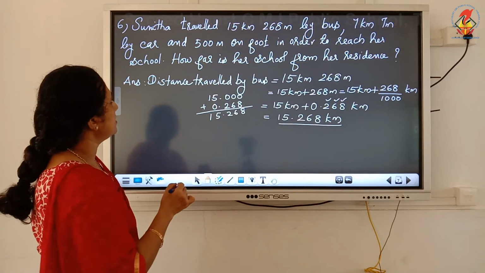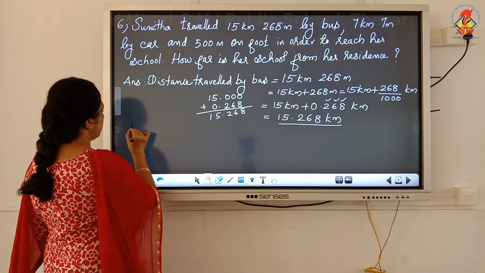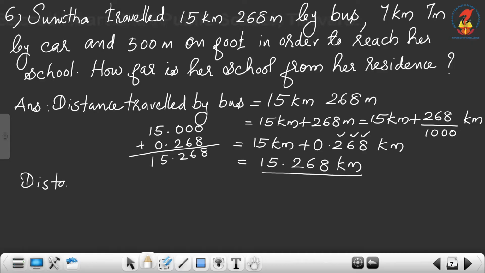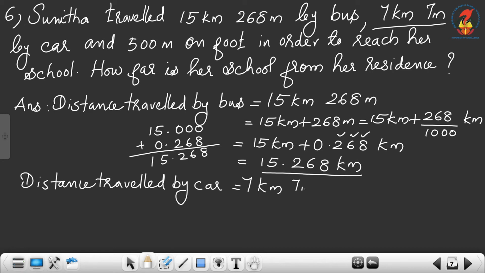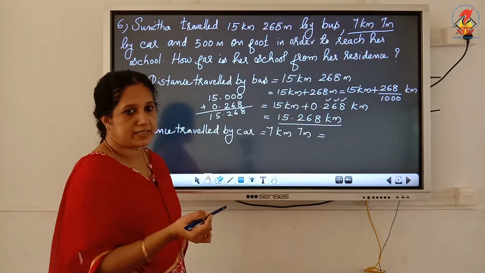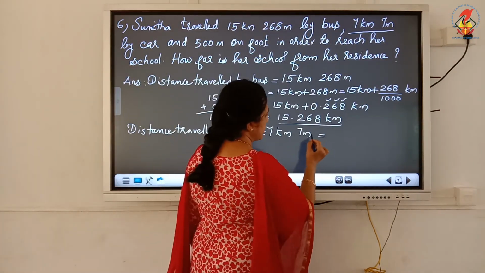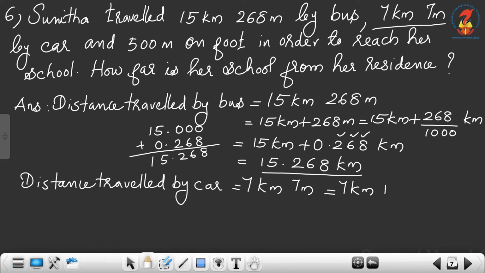Now the next is the distance travelled by car. So distance travelled by car is equal to 7 kilometer 7 meters. So how we can write it in the decimal form? 7 kilometer 7 meters, that means 7 kilometer plus 7 meters.